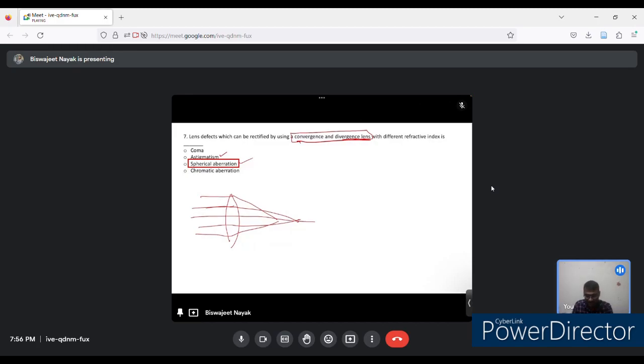And coma can be partially reduced by bending the lens. We can use a combination of symmetric lenses, which will help to rectify this defect.